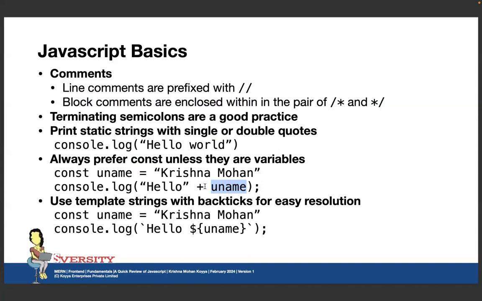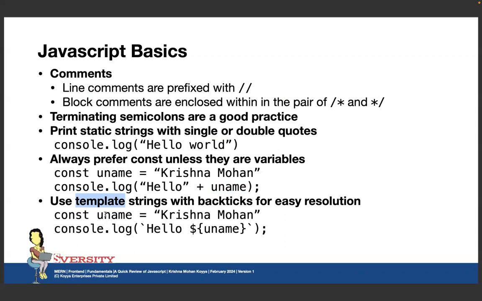There is one more way to deal with these strings. They are called template strings. The template strings use backticks as the enclosures, not the single quotes, not the double quotes, rather backticks as the enclosures.